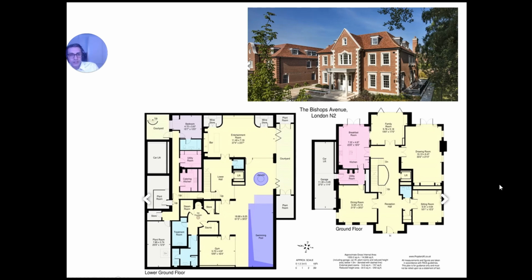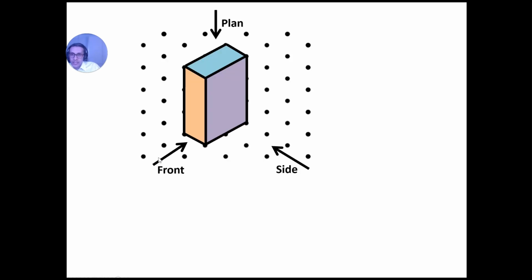If you're in real estate, estate agents, here's an example of my house and the floor plan, and when you buy a house, you're told about the amount of floor space you get when you look at it from above. Okay, so here is an example of an actual practical question.